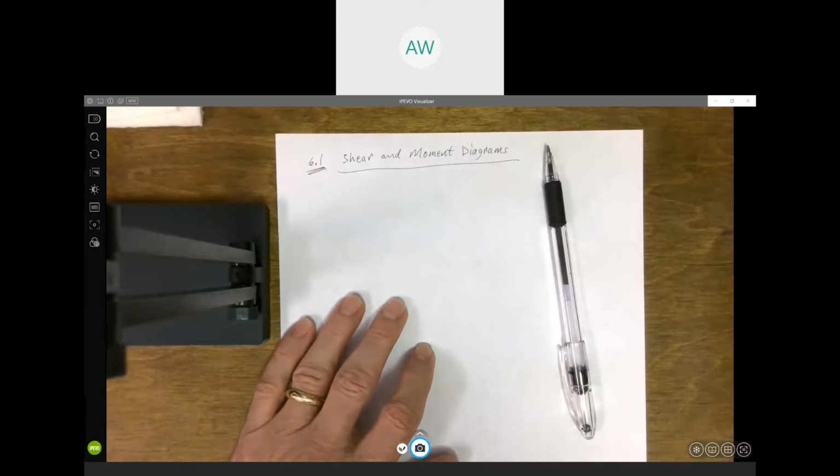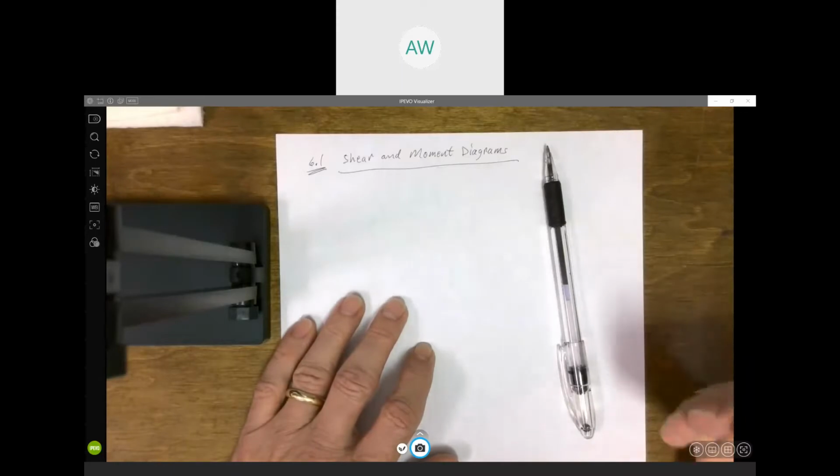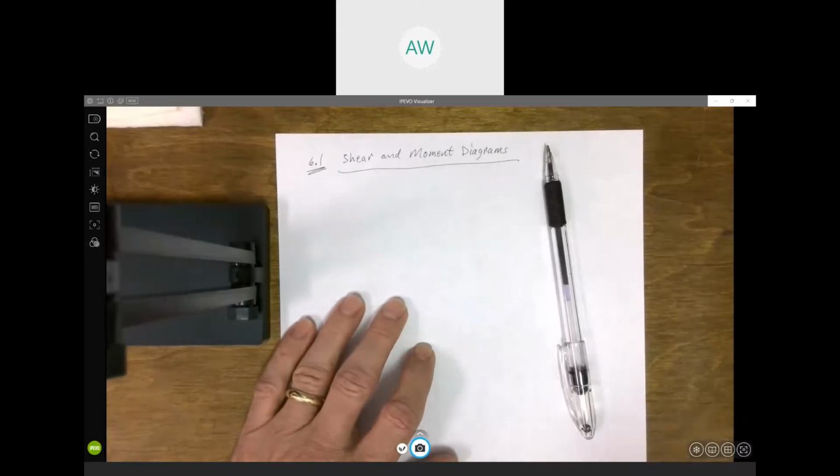And probably one of the most important things you can learn, and it's absolutely necessary and essential, if you're going to analyze a beam, you have to be able to construct a shear force diagram and a moment diagram for that beam and the loading applied to that beam. And so that's the first topic in chapter 6.